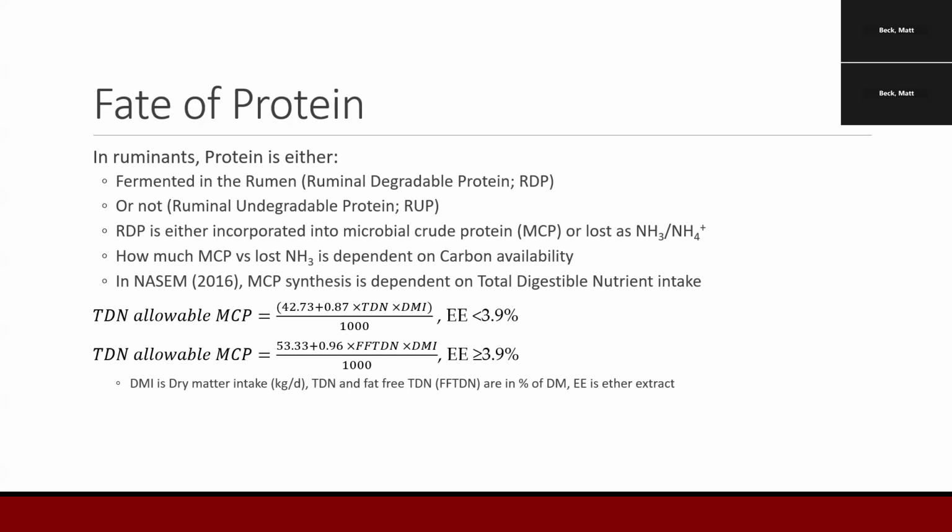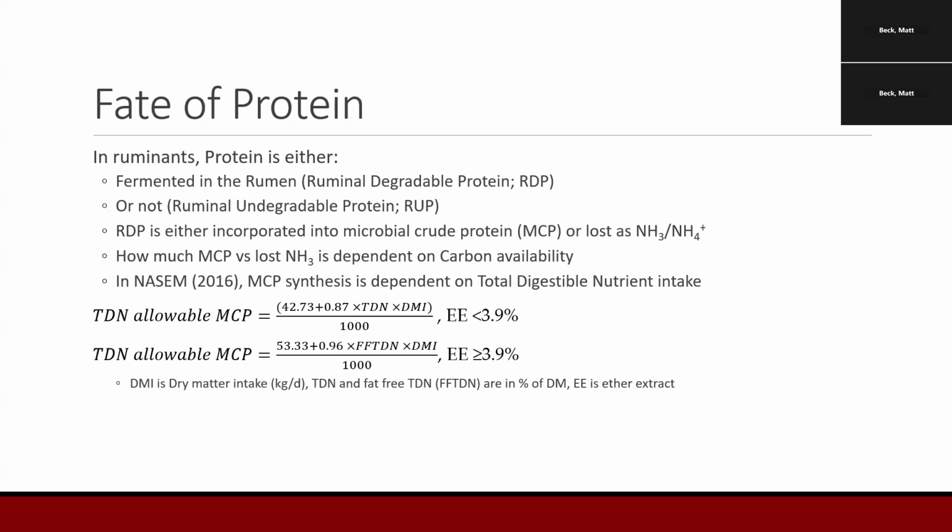So if that carbon from that fat, that ether extract, is not able to be used by the microbes for MCP synthesis, and that ether extract is a large percent of the diet, then we need to account for that and take it out of the TDN when we're calculating TDN allowable MCP.